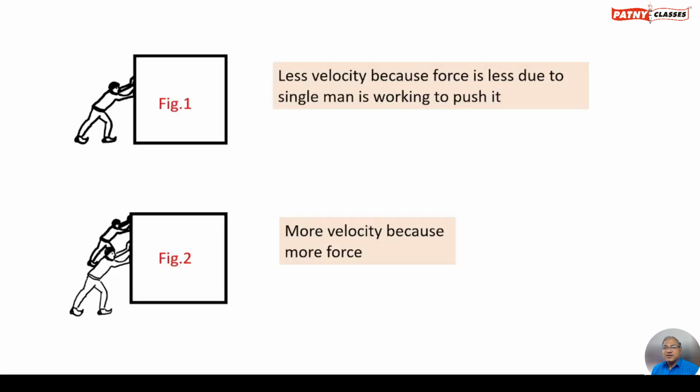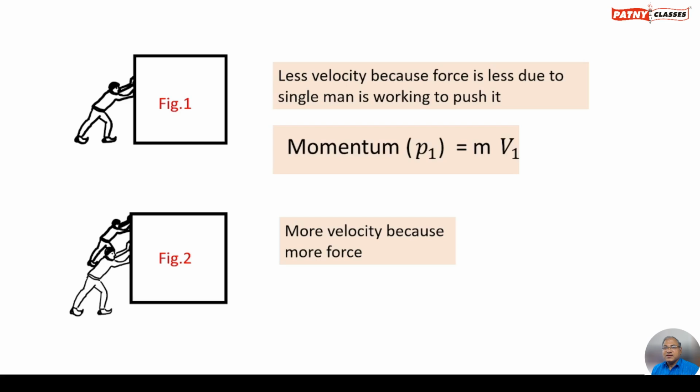In figure 1, the block is moving with less velocity because the force acting on it is less, as a single man is working to push the block. Whereas in the second case, the velocity attained by the block is more because two men are working to push the block.